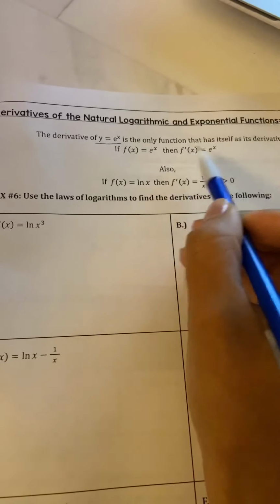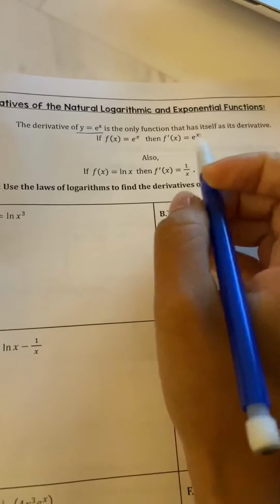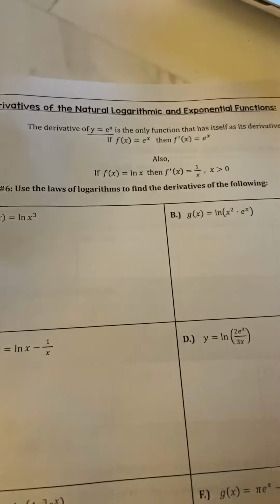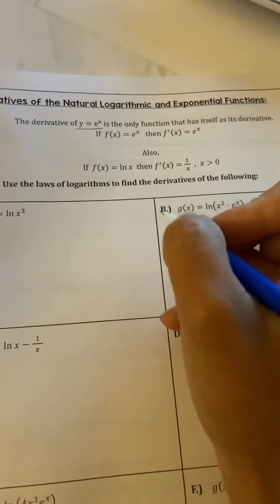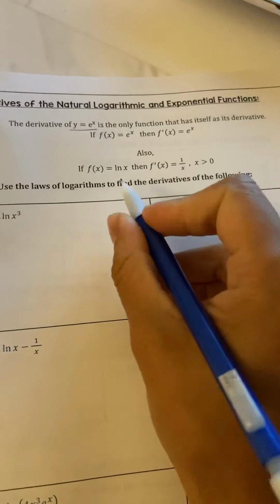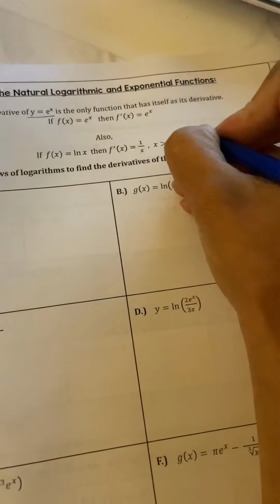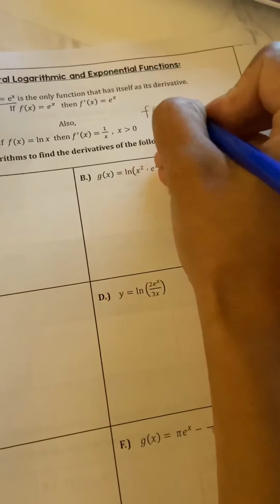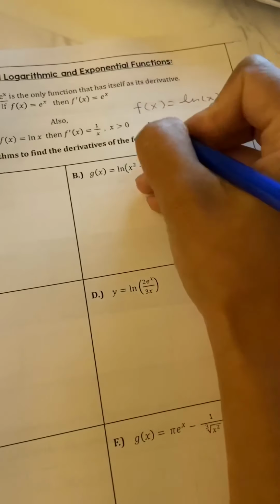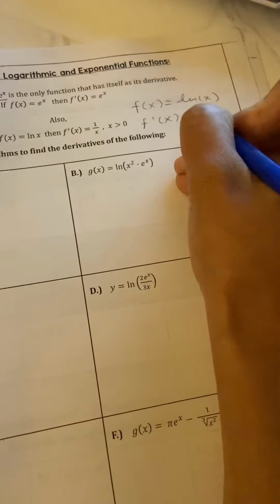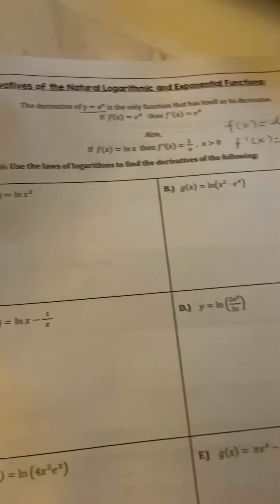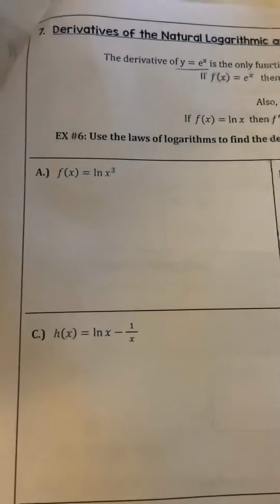Now when we have numbers mixed in there, of course it'll work a little differently, but we'll talk about that later. And also, for the function ln of x, the derivative is 1 over x. Easy. Okay, so let's go straight into the first one, part A.